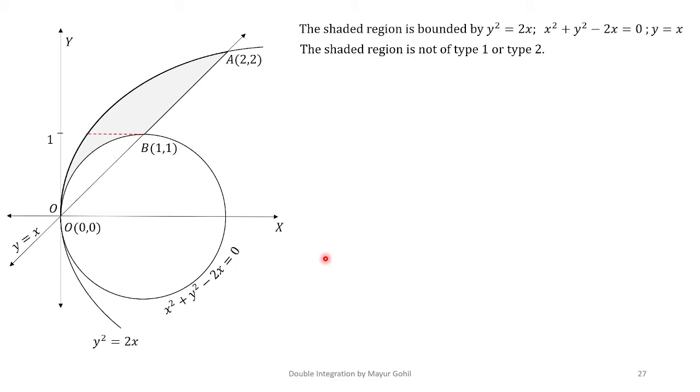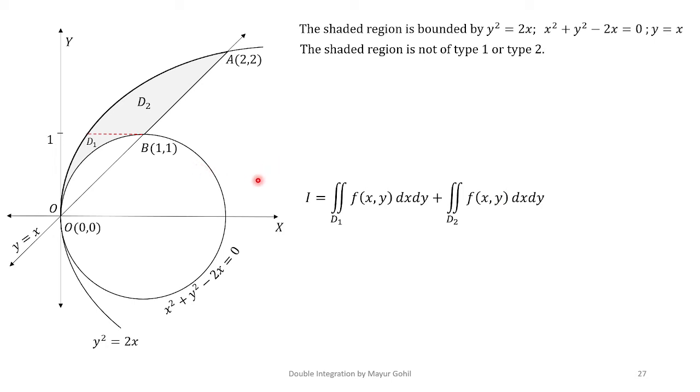Previously they were S1 and S2, I am now naming them D1 and D2. So our double integral will be over D1 plus D2, and now see the order of differential, it is dx dy.